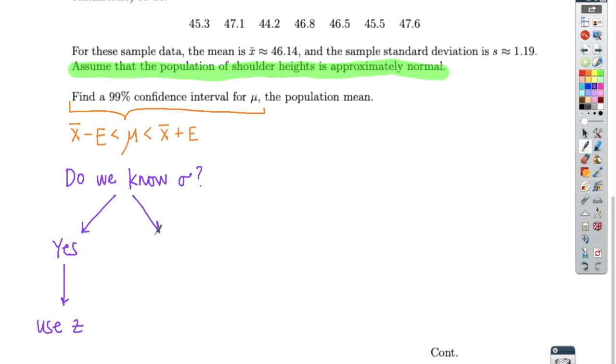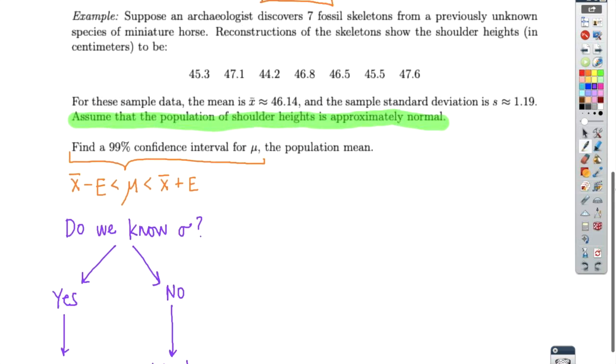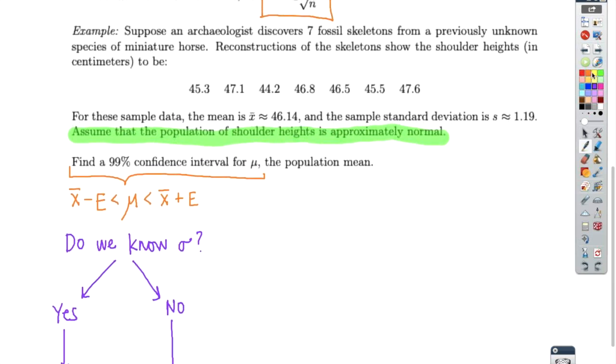Now in this section, the answer is no. We do not know sigma. And if you do not know sigma, then you use t, the student's t distribution, the one that we just went over. Okay, so let's get all of our values together now that we know what situation we're in.